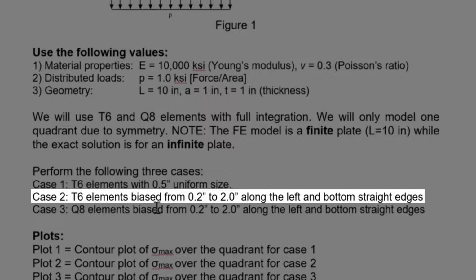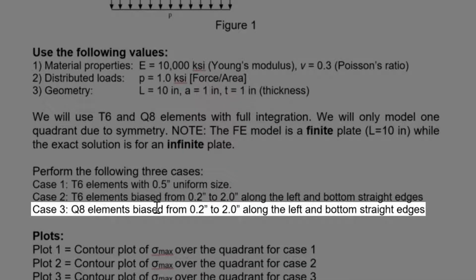Case 2, T6 triangular elements biased from 0.2 inches along the bottom around the circle hole and 2 inches along the opposite face. And then case 3 being very similar to case 2 except using quadrilateral Q8 elements.